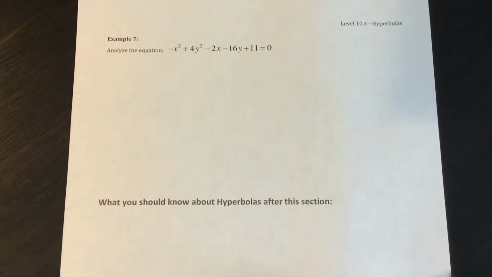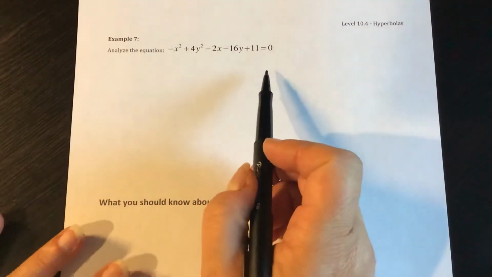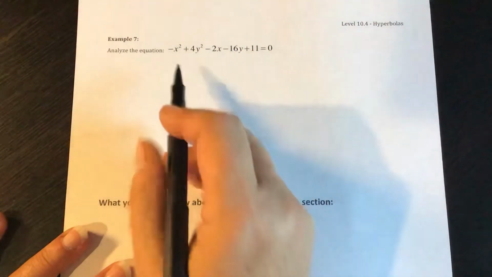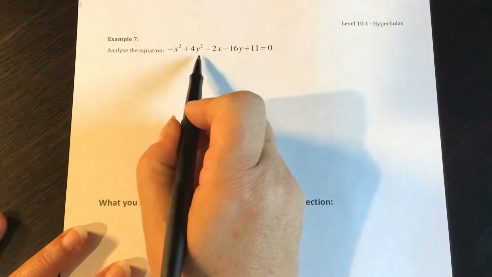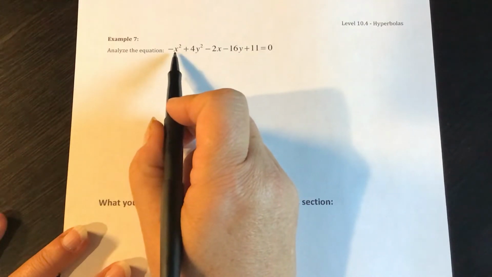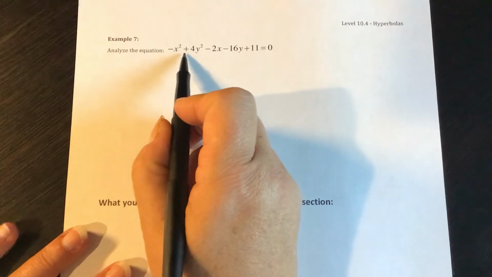So looking at one more example, we have an equation that's written not in the form that we can identify the center. So we're going to rearrange our pieces. As I look at the x squared and y squared terms, I notice that x squared is negative and the y squared term is positive.